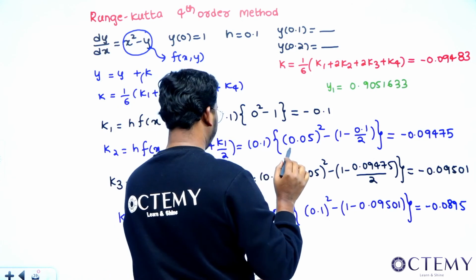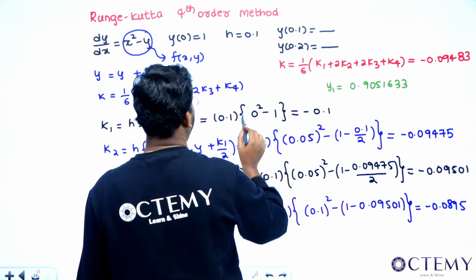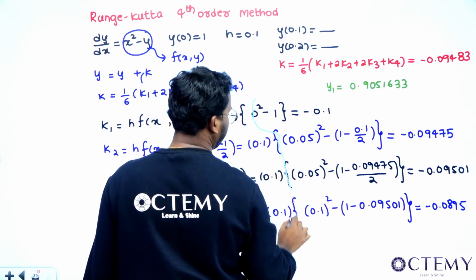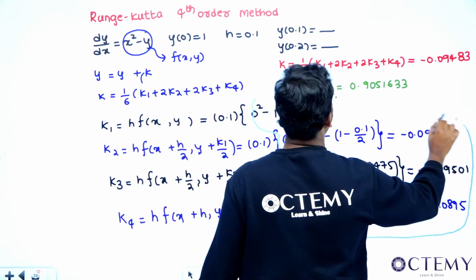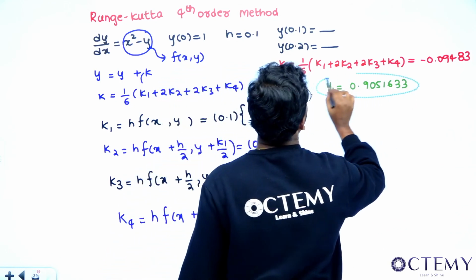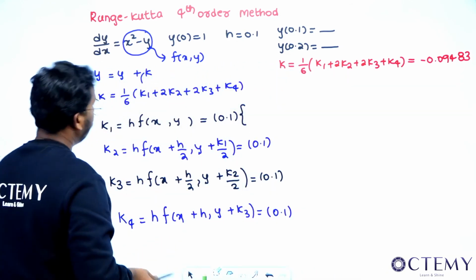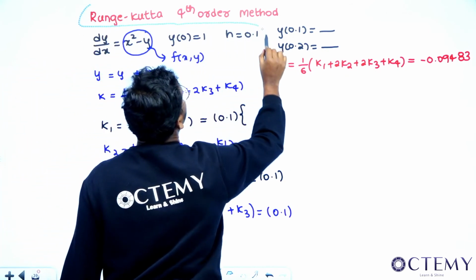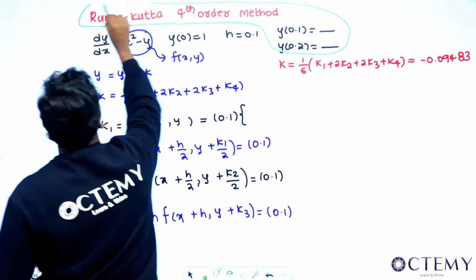Yeah, so this 0.1 will remain. All of these things will be removed, and this will also be removed. This and all also not necessary. We are trying to find y2.